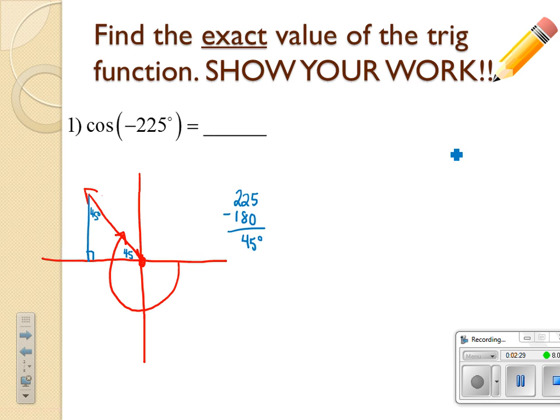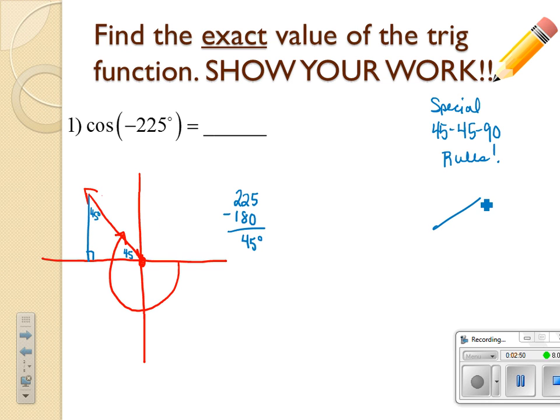And if I know my special triangle rules, then this will be a piece of cake. So now this is in quadrant 2, okay?